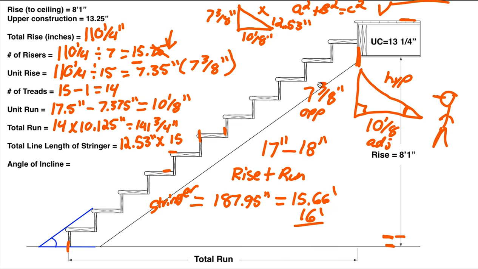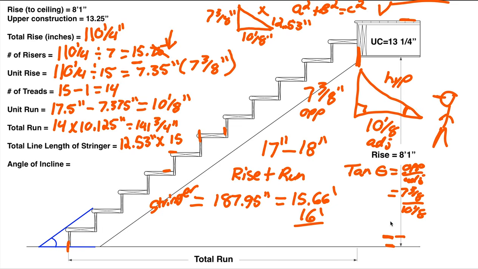So the way that this works, in that formula, we have tan, which is opposite over adjacent. Tan of the angle, which is what we're looking for, is equal to opposite over adjacent. Sorry guys, I'm running out of room here. So now we have 7 3/8 over 10 1/8.